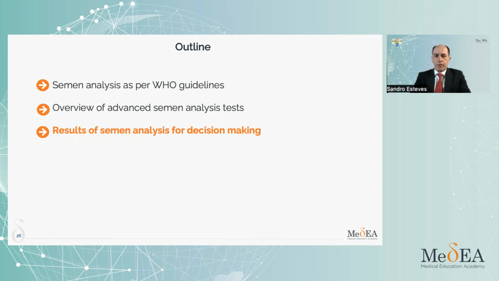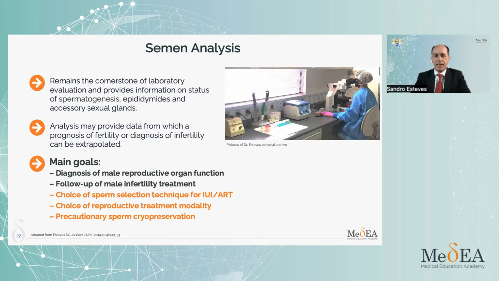Now I want to move to my last point, semen analysis results and decision-making in the ART unit, where I believe most of you work. The semen analysis is the most critical laboratory test to evaluate men's fertility aptitude. It provides information about spermatogenesis and accessory glands function that might help in diagnosis, counseling, and follow-up of male infertility treatment.